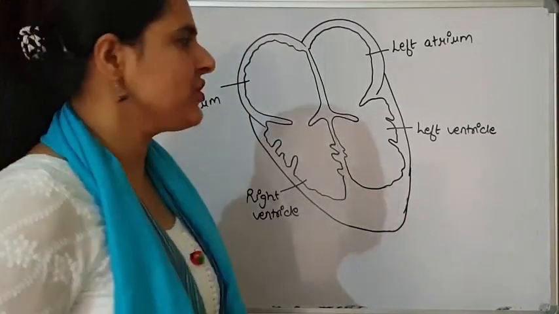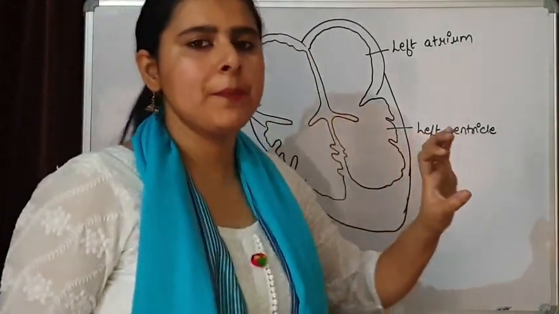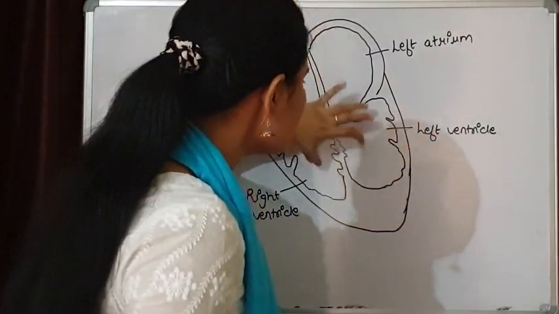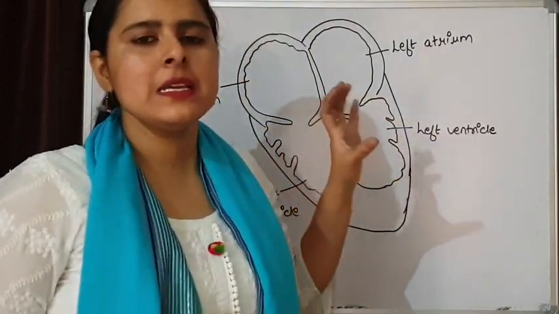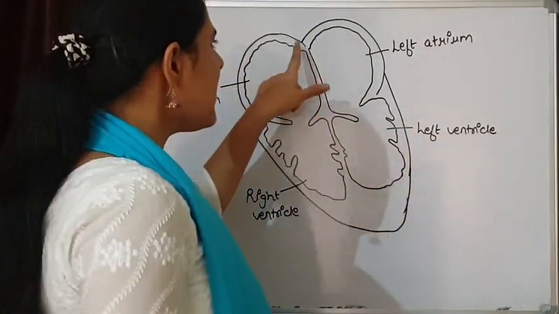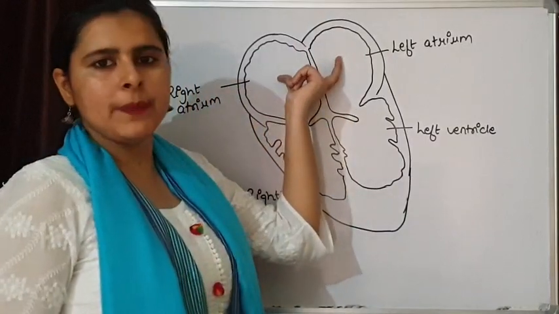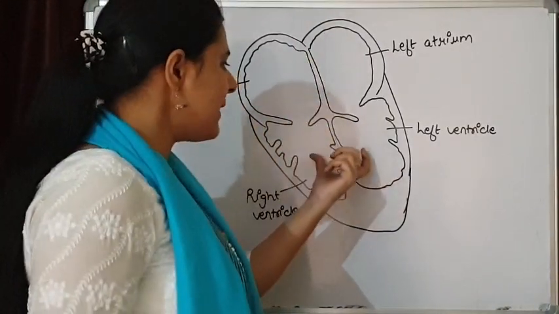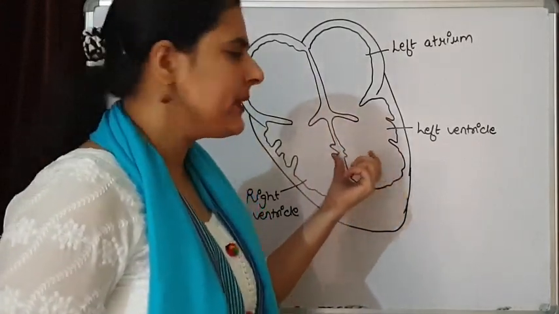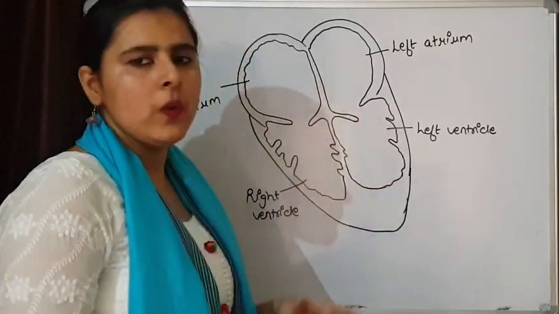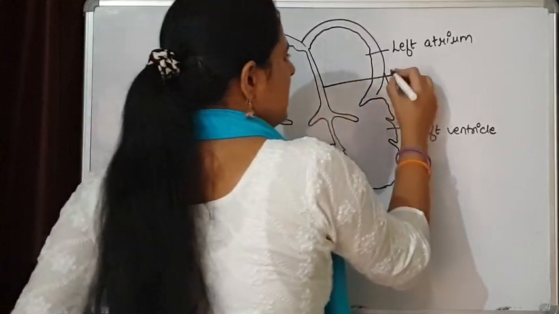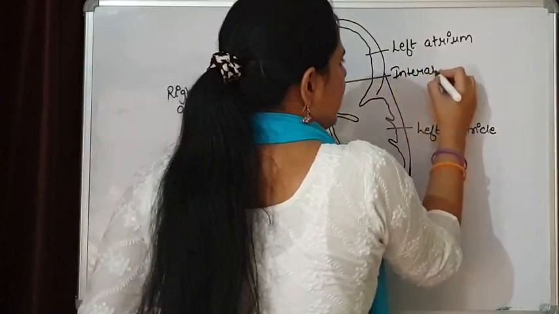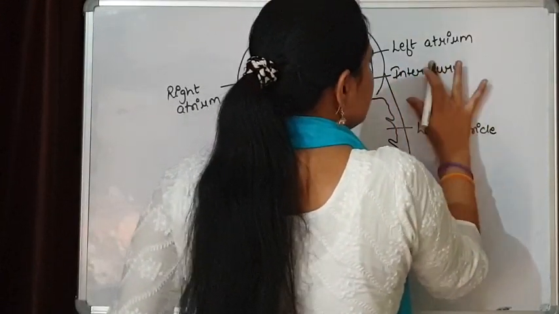These are four chambers. Now these four chambers are separated by a central line, or we can say a septum is there. This is the interauricular septum that is going to separate the two auricles, and this is the interventricular septum that is going to separate the two ventricles.